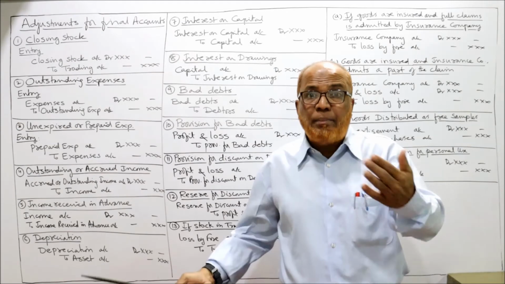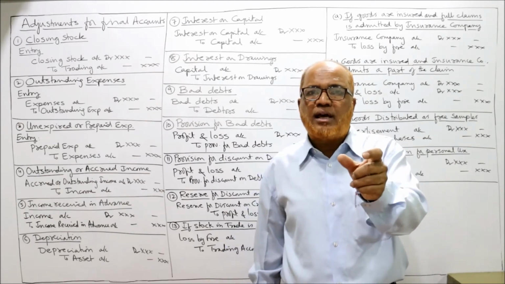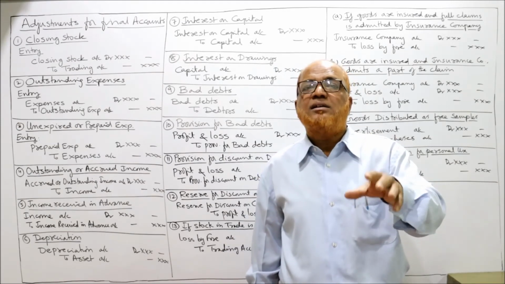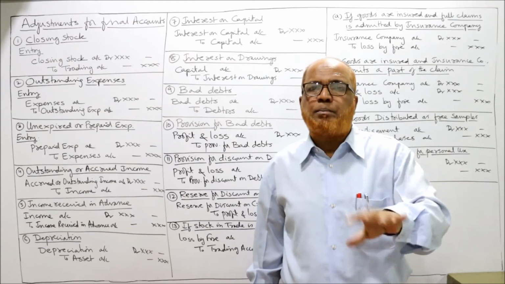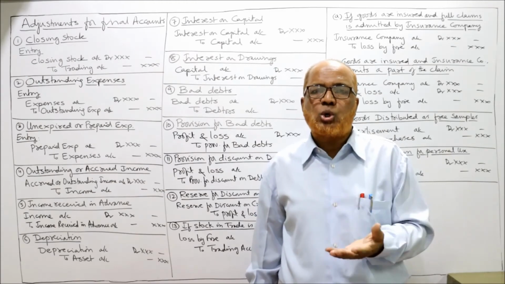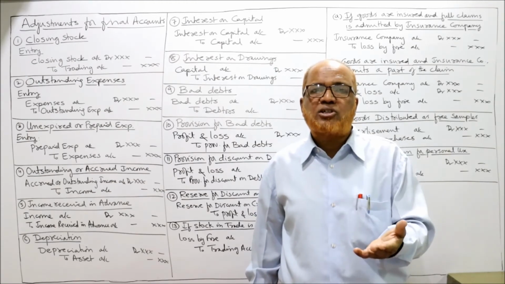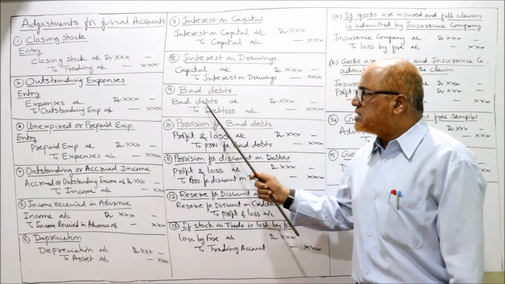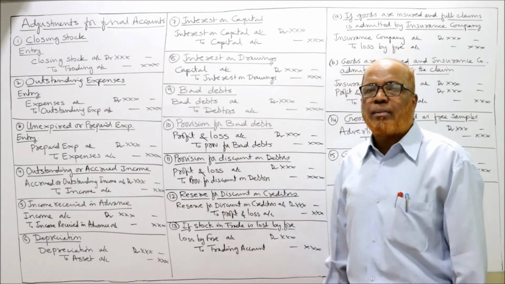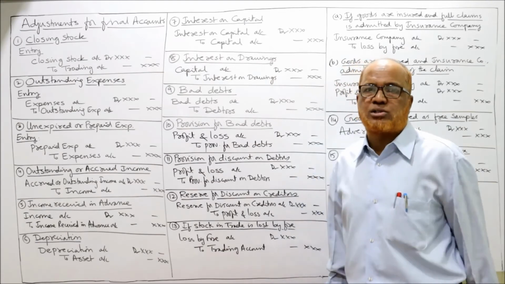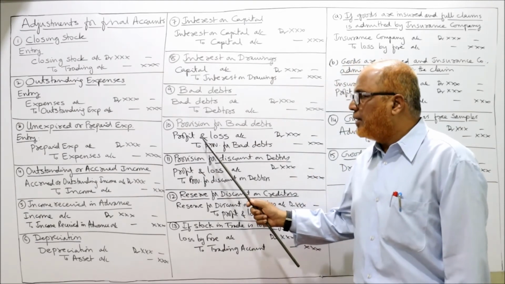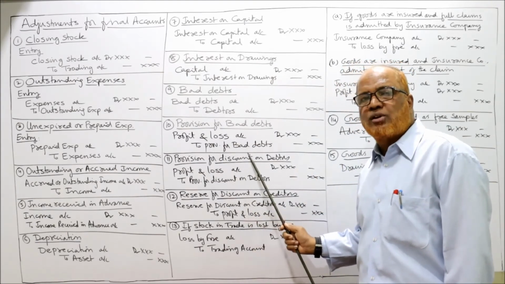So there may be a loss. Bad debts are not there, but we expect that some debtors may not pay. We are not sure, but this is an expected loss. Bad debts are the actual loss. Provision for bad debts is the expected loss. The entry will be profit and loss account debit to provision for doubtful debts.